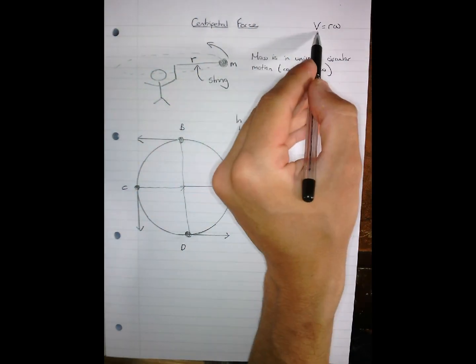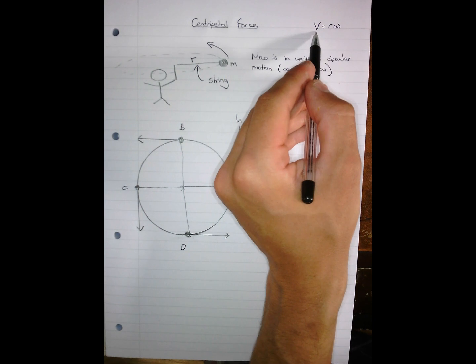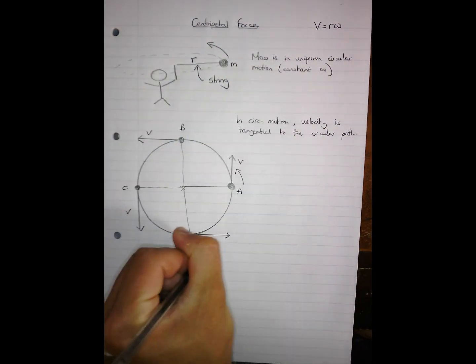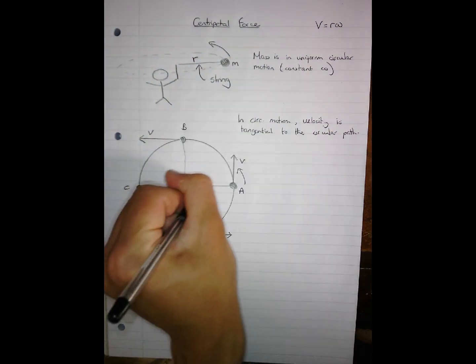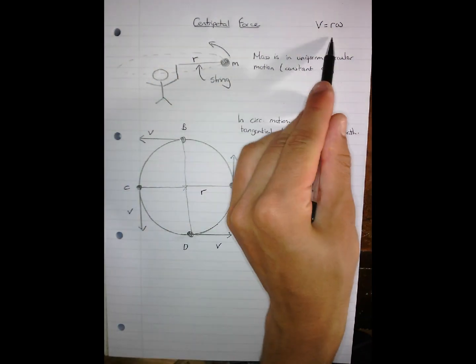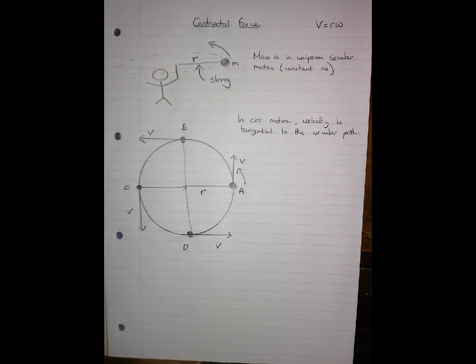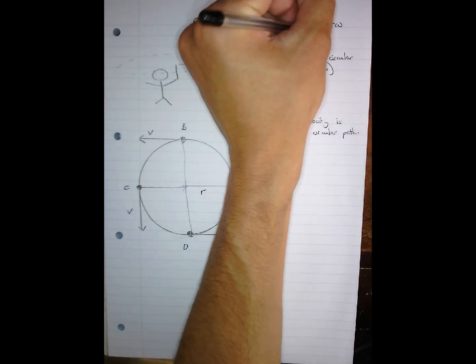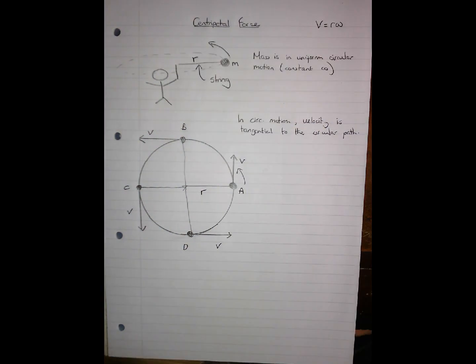Now, in this case, v is our regular velocity, as shown by these arrows. r is the radius of our circular path, and omega is our angular velocity. What we can see here is if r is constant and omega is constant, then our v is going to be constant. So really these arrows should be drawn at the same length at each point.